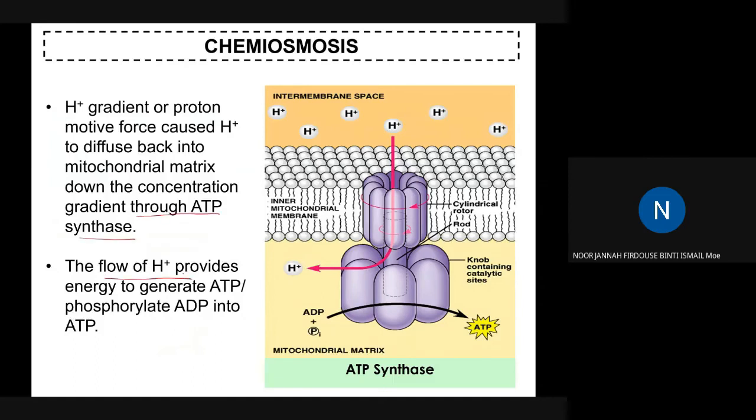The flow will provide energy to generate ATP, when the inorganic phosphate is bound to the ADP. The energy from the flow produces rotor movement of the turbine, the cylindrical rotor, so it can generate energy, bind the phosphate, and then produce ATP.